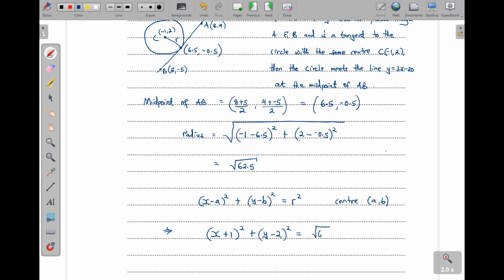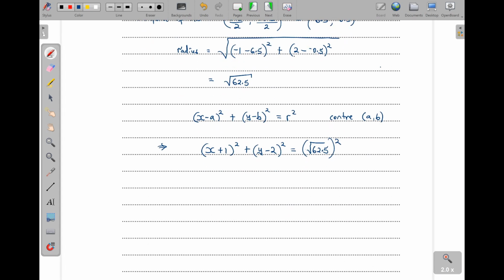So you have root of 62.5, then square it. And then finally, we get x plus 1 squared plus y minus 2 squared, which is equal to 62.5. Just like that. And this is the equation of the circle. Its radius is, of course, smaller than the first one. Okay, so that is that.